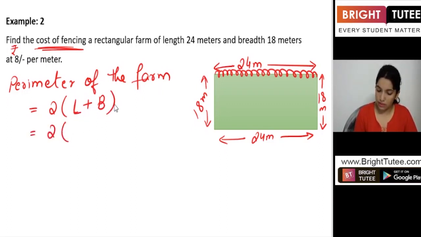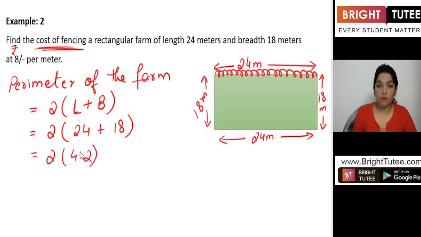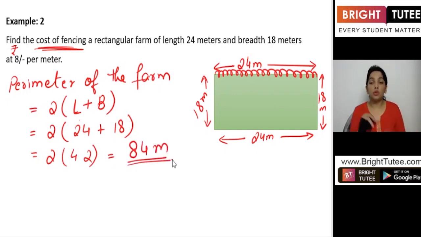So it's 2 times length is 24 and breadth is 18 meters. So let us work it out. So 8 added to 4 is 12, and this is 2, 3, 4. So it is 2 times 42. What is 2 times 42? It is 84 meters. So this is the total perimeter of the rectangular farm.